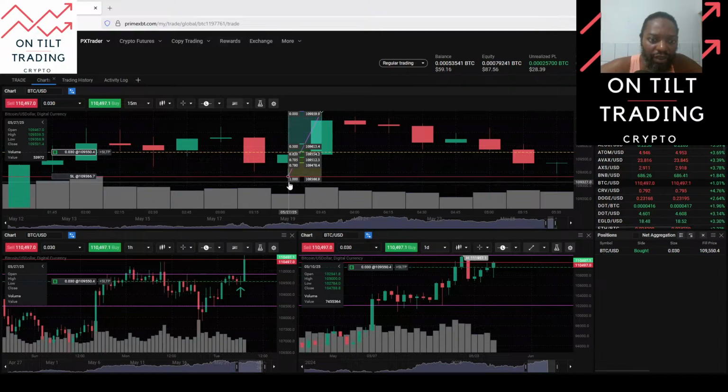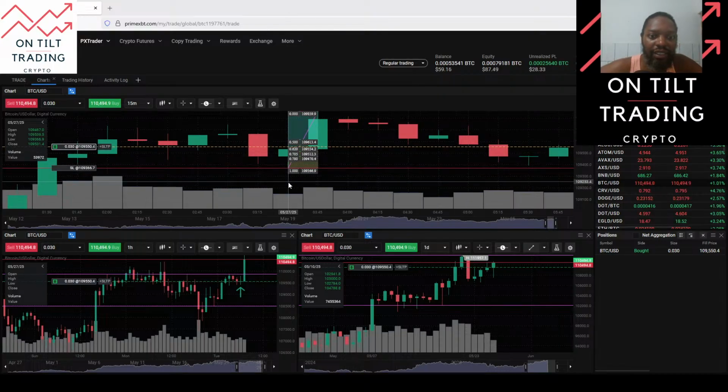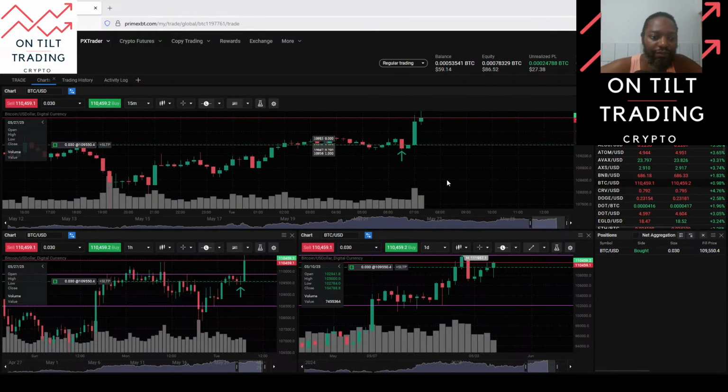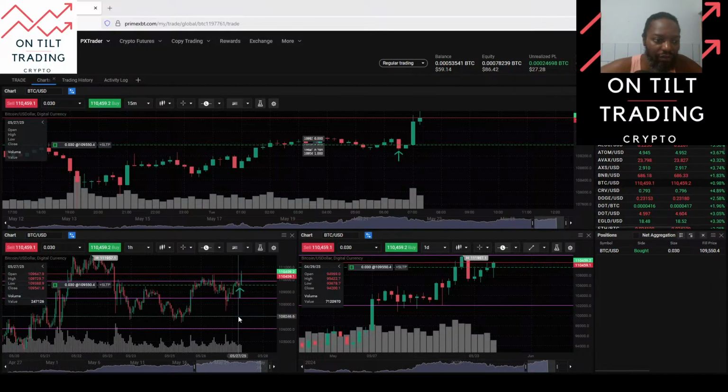This low is 109.3669, and with the 10-cent spread, I gave it 20 cents below this candle. So my stop is 109.3667, and then the target will come over here on the 60.